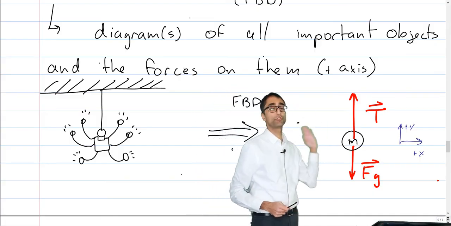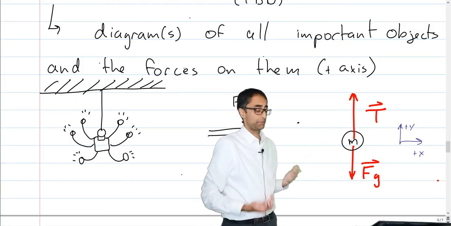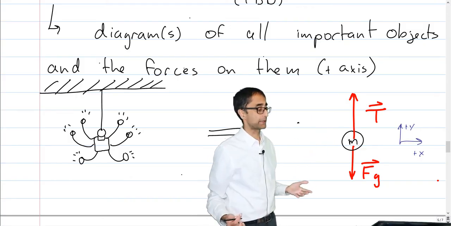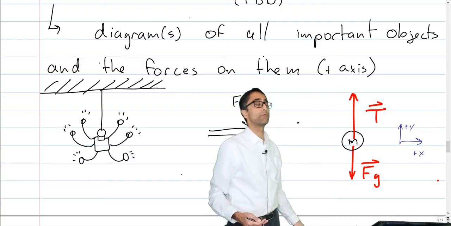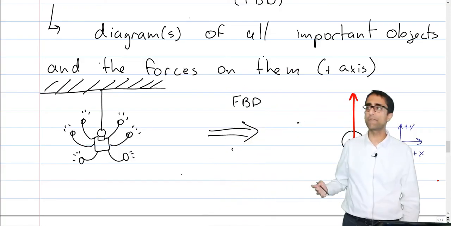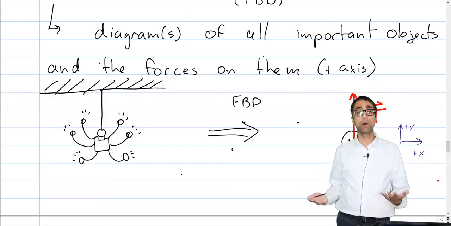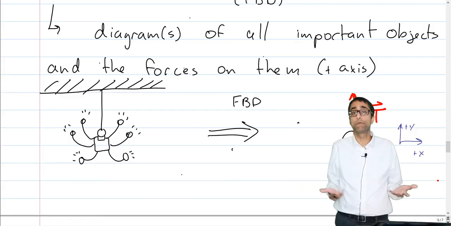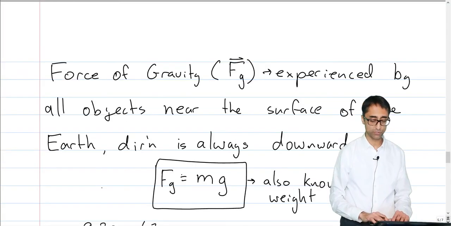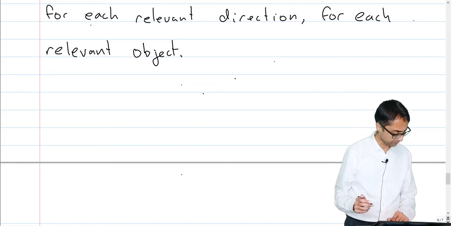There are no forces in this direction. So this problem has one relevant object, basically as many objects as you drew a free body diagram for, and one relevant direction. So we're only going to write Newton's second law once. But if we have one with multiple masses and forces in multiple directions, you can get 4 equations, 4 Newton's second laws, etc.